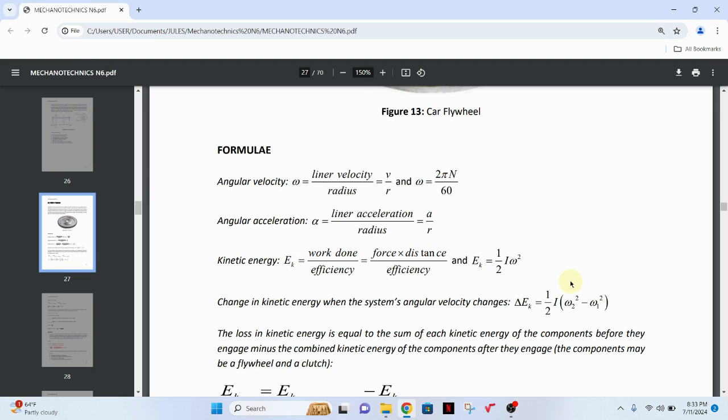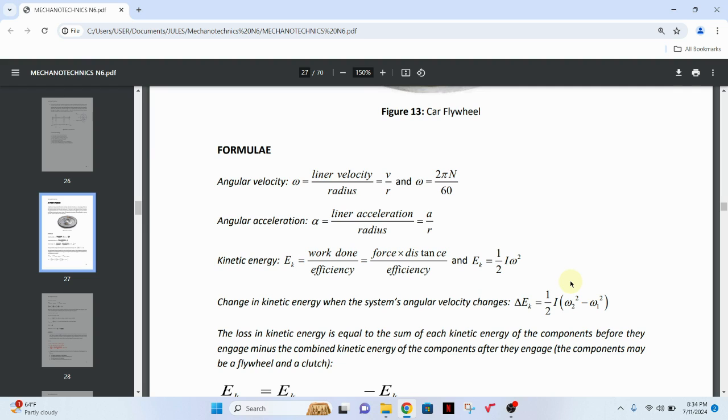If you can't remember this equation, you can just think of the normal equation for linear motion for kinetic energy, 1/2 mv squared. So when we're dealing with angular motion, the equivalent of mass is the mass moment of inertia, and the equivalent of linear velocity is the angular velocity. So 1/2 I omega squared.